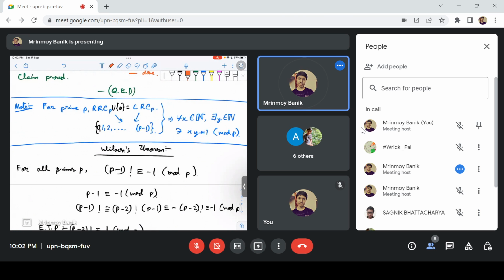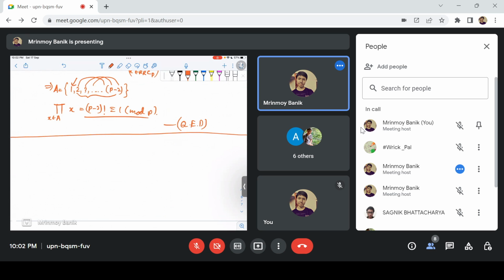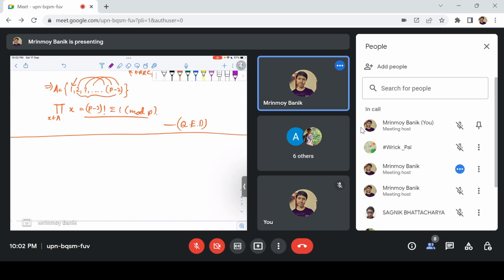Okay, so how can we write r times r factorial in a more compact way?